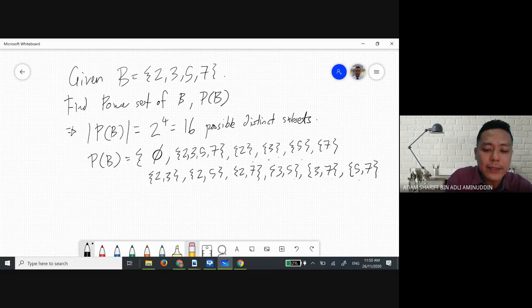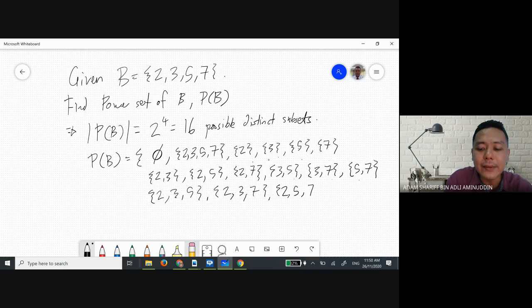Then what's left is the combination of three elements: 2, 3, 5, 2, 3, 7, 2, 5, 7.